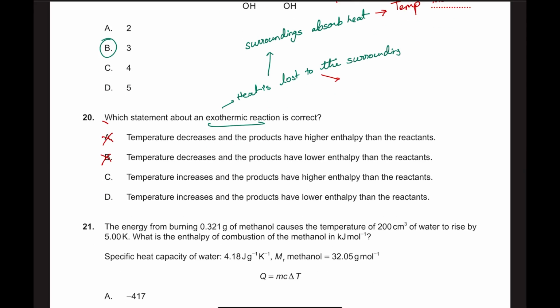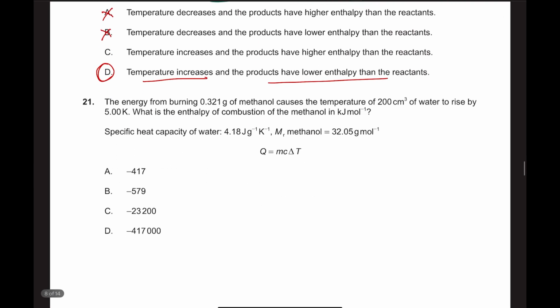That means heat from the reactants is lost to the surroundings. So reactants have more energy compared to products. So the other way is products have lower energy compared to reactants, which exactly corresponds to option D. Temperature increases, products have lower enthalpy or lower energy compared to reactants.